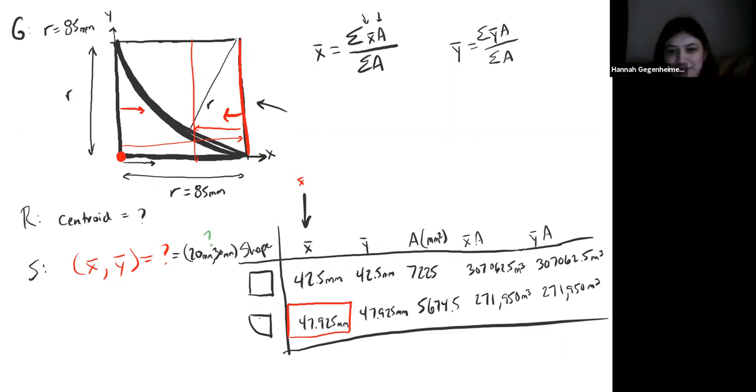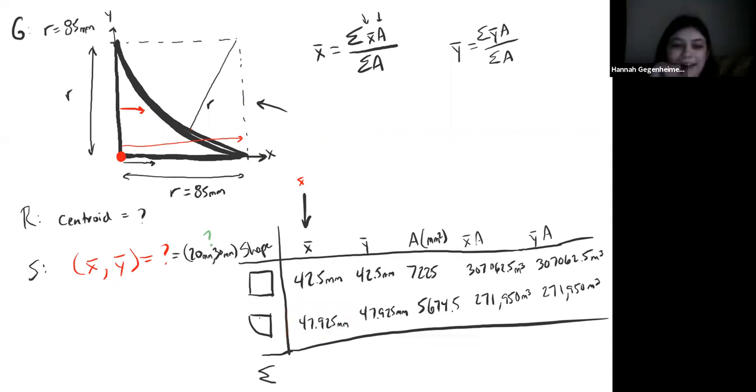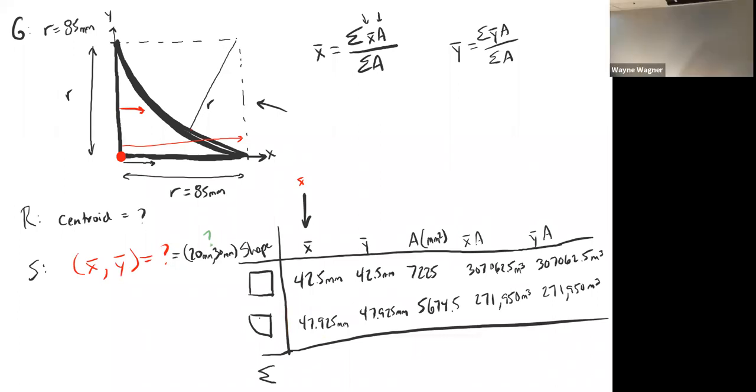Okay, so what do we do? We sum the x times a and y times a over the area. Okay, kind of, almost. What did we forget to do? Oh, add. I said add them. Yeah, almost.